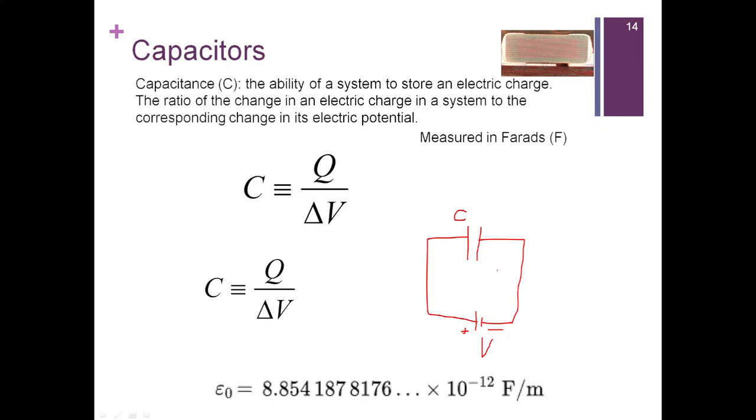Things start getting more complicated if you were to put more than 1 capacitor into your circuit, because there's several different ways to draw circuits, several different ways to design them.